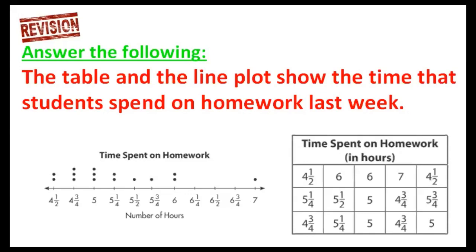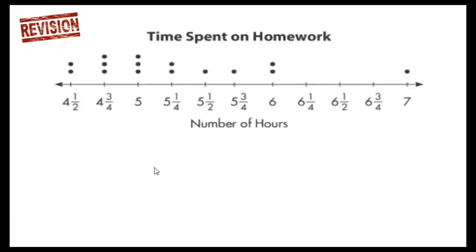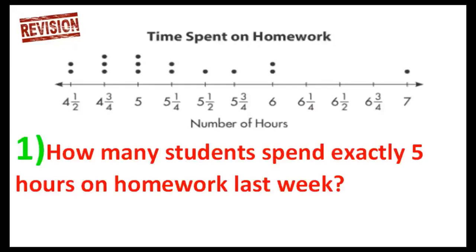So let's answer the questions given on this line plot through the graph. I'm still on the same number line with the same plots, and I'm going to answer the first question. The first question says, how many students spent exactly 5 hours on homework last week? Where is 5 hours?